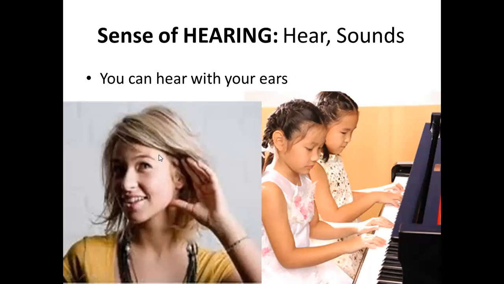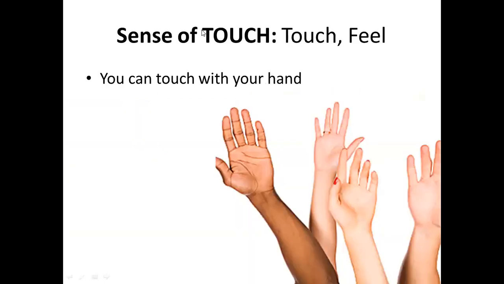How can the girl hear the sound? With her ears. The 2 twin girls are playing the piano and the other girl can hear the sound of the piano with her ears. Sense of touch. Touch and feel. You can touch with your hand.